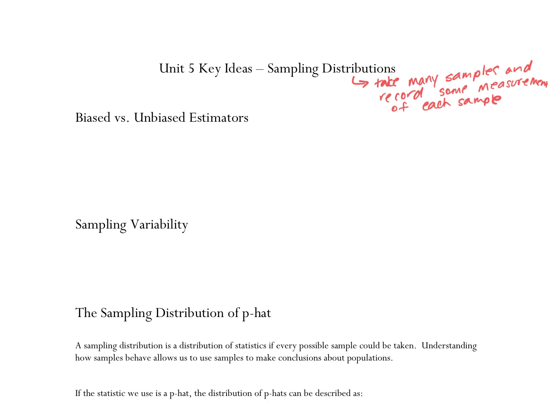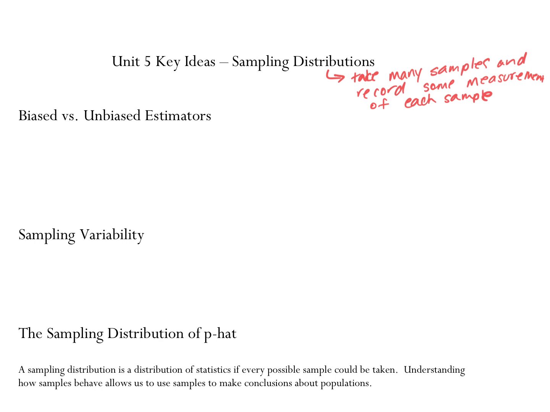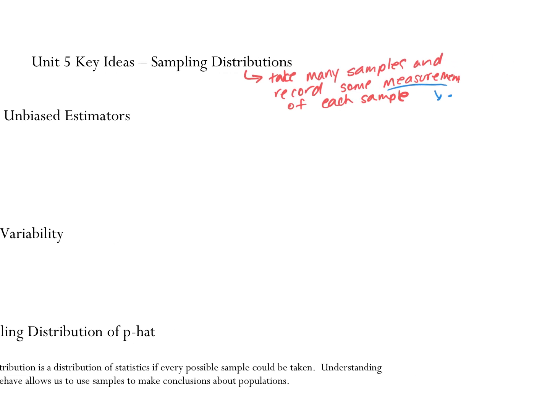And so the basic idea is sampling distributions are distributions, and those measurements that we're taking end up being estimators. We measure our sample with hopes that if we've done everything correctly, our sample is a decent representation of our population.